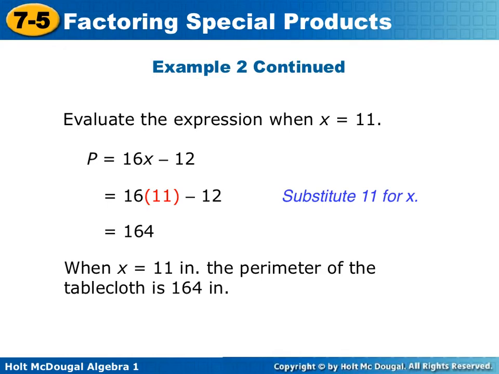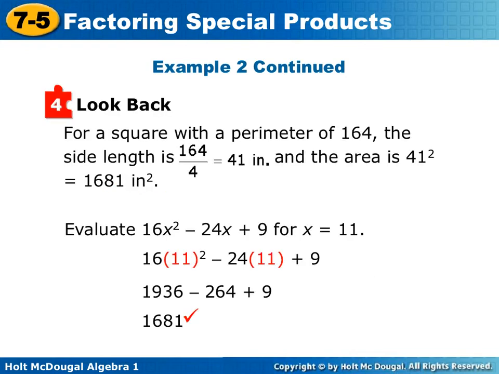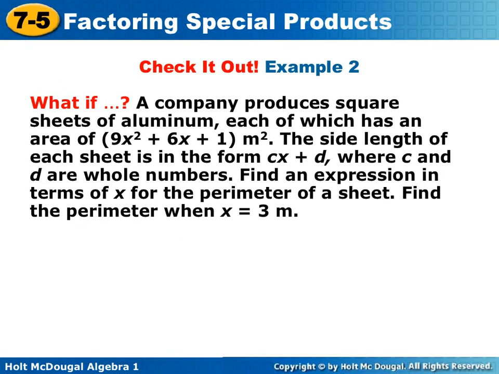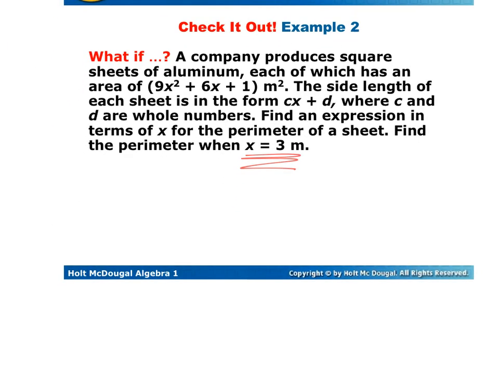In the problem, let's look at, we're going to now look at a street problem. Here's another example. Again, you would factor it, and then plug in x equals 3. So here, it's sheets.